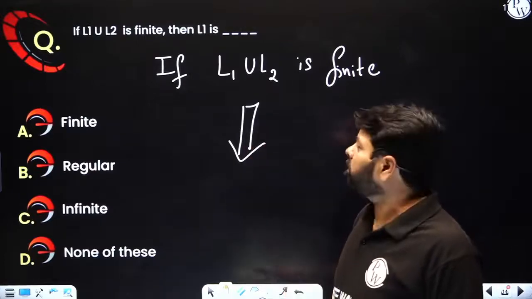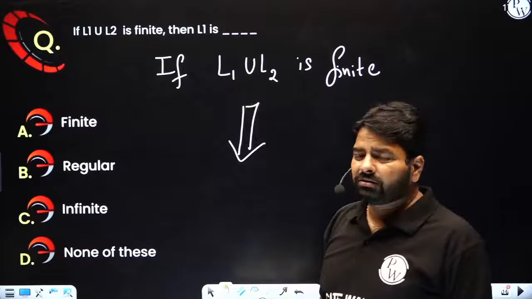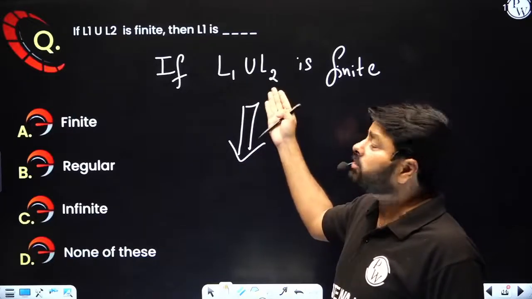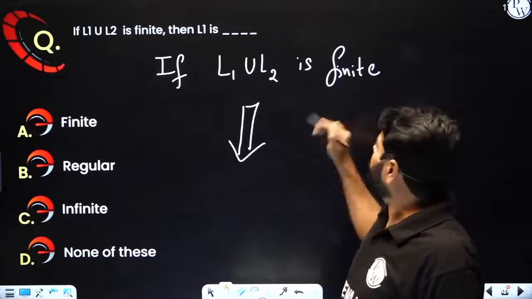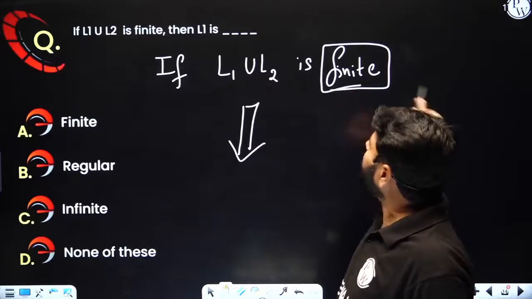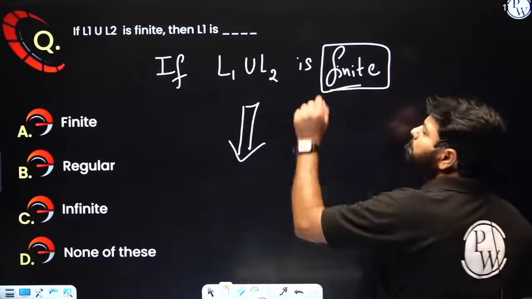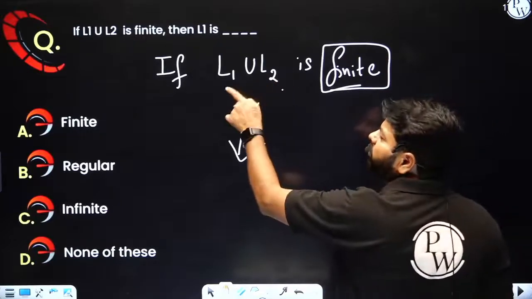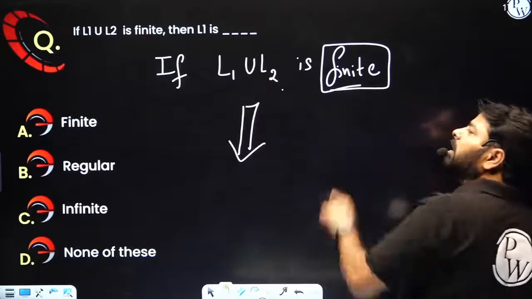Suppose I assume L1 is finite, then finite union L2. That L2 has to be finite, then only the result is finite. This is already given, so you can't change it. When this is finite, both L1 and L2 are always finite. If any one of them is not finite, then this could not have been finite.